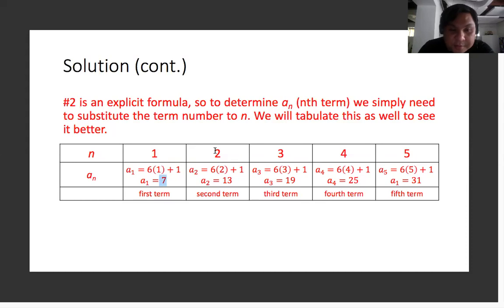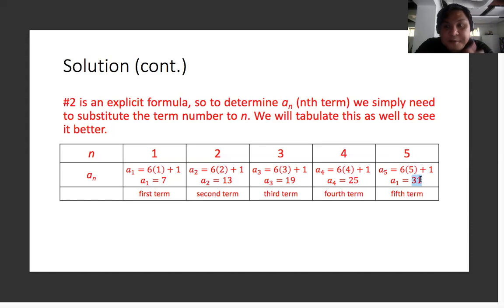The second term, a sub 2, is obtained by replacing n by 2. So 6 times 2, that's 12. Plus 1, we have 13. And if you continue doing this, you would actually get 19, 25, and 31.